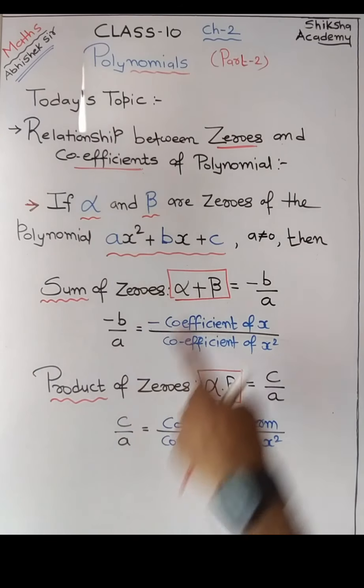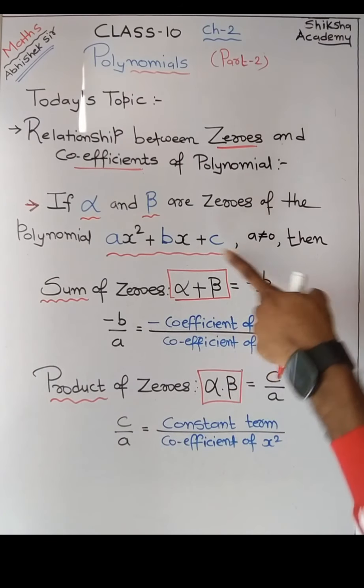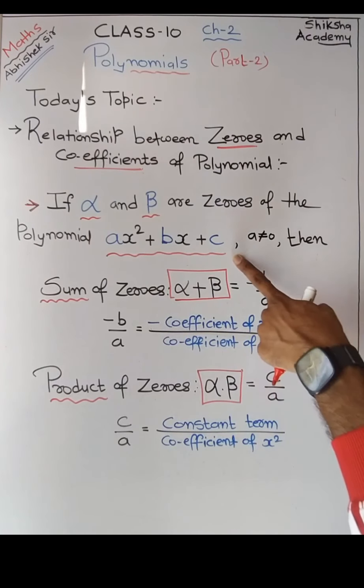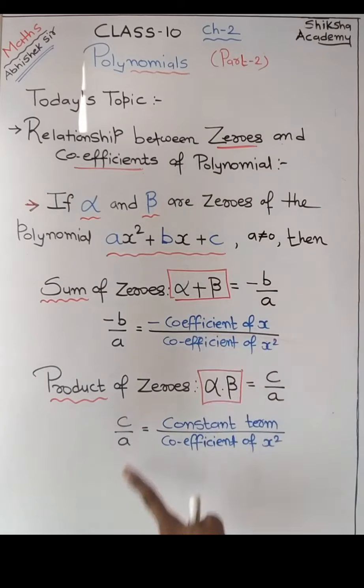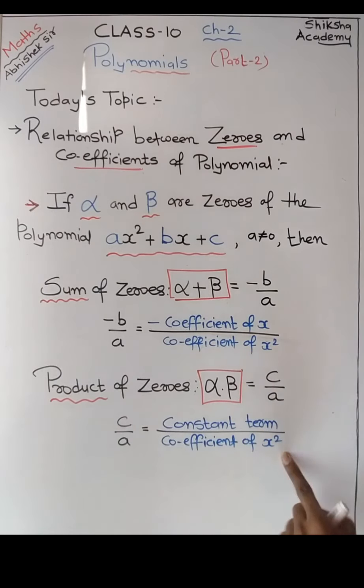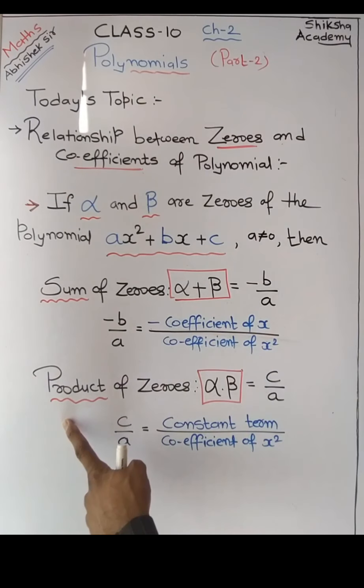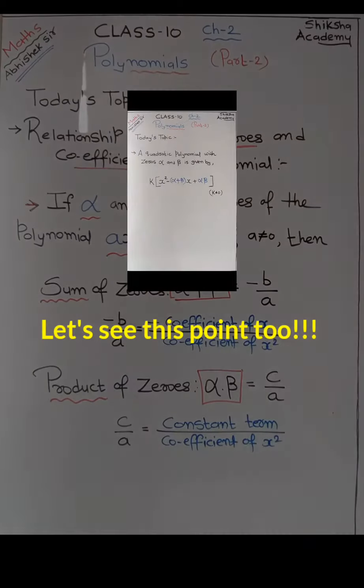Now what is c? C is the constant term in the polynomial, the last term which does not contain any variable. So just put the constant term upon a, the coefficient of x square, right? So sum of zeros is minus b by a, product of zeros is c by a.